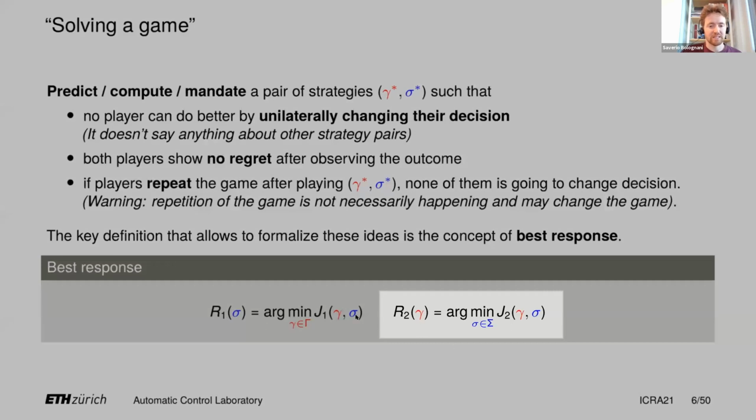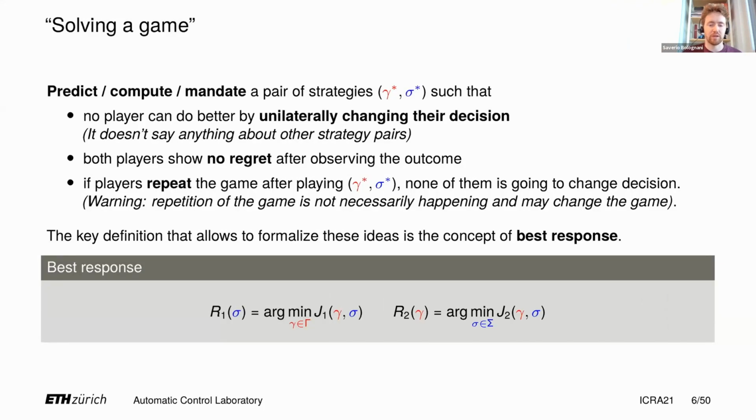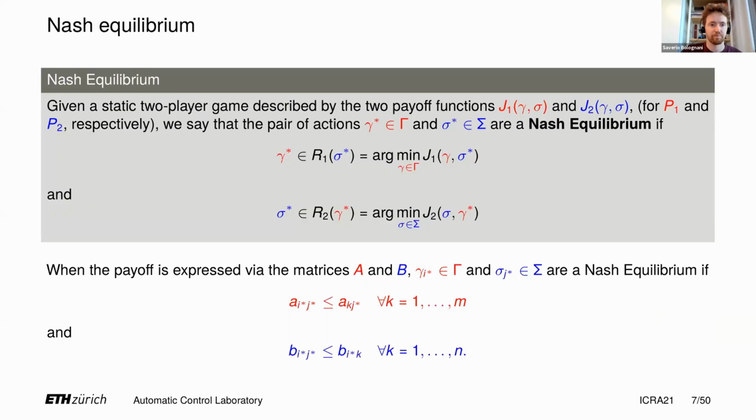In general, this is a set of solutions, right? There might be multiple actions that lead to the same outcome. So it's a set of solutions, and this set of solutions guarantees the best possible outcome as a function of what the other is doing. That's really the key definition for game theory, right? You need to be able to tell what's the best response.